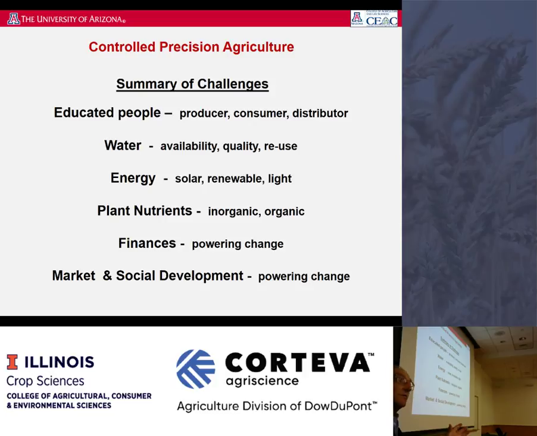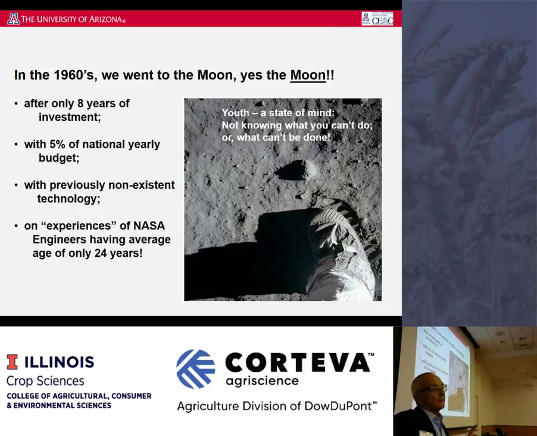Nutrients, the question of organic versus inorganic. You can tell me, can the plant tell the difference between a nitrate molecule that came from the bag in the storehouse or came from the compost pile down the street? I'd love to hear that discussion. Finances and market and social development, yes, they will power change, and the social development will make that change stick.